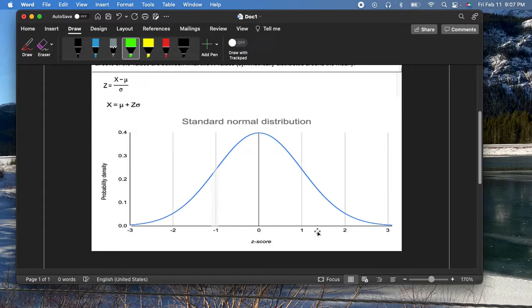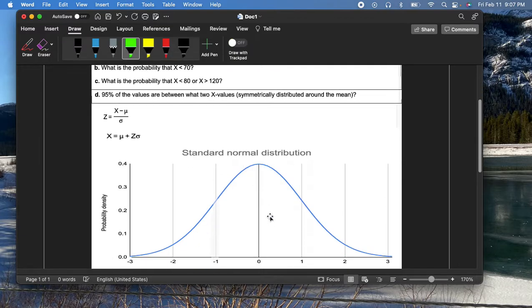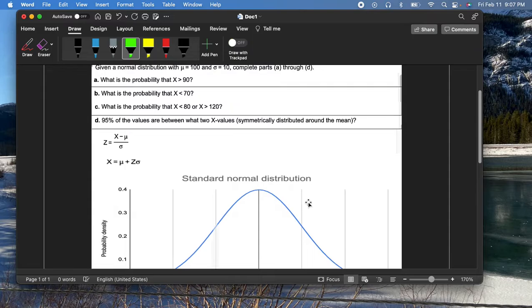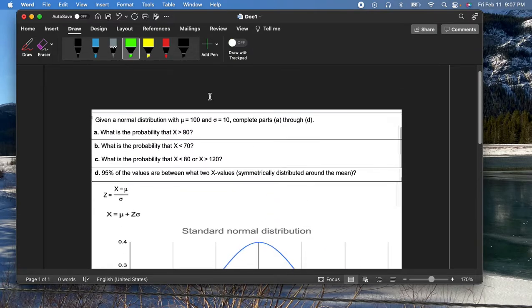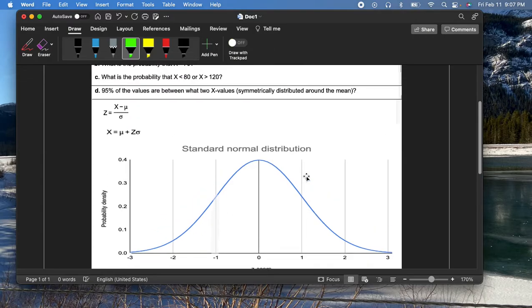Standard deviations that are negative are to the left, and if they're positive, they are to the right. So the mean equals 100, and it's going to be here, and then the standard deviation is 10, so one standard deviation will be here, and so on and so forth.